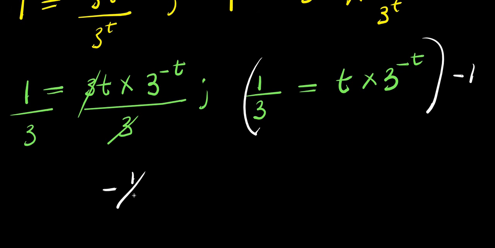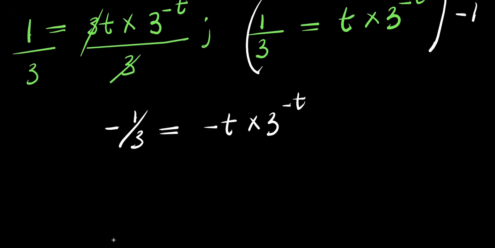I have negative 1 over 3 equals this. Also, we are going to have negative t times 3 power negative t. The next thing we are going to do is rearrange this. I can have negative t times 3 power negative t equals negative 1 over 3.